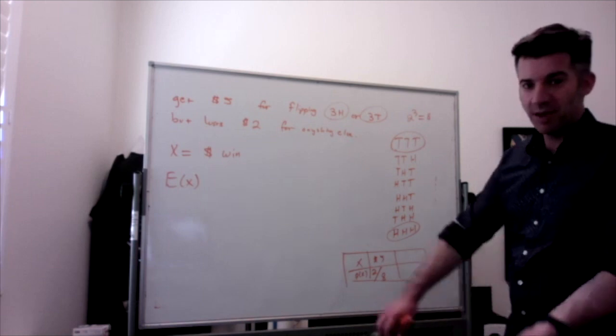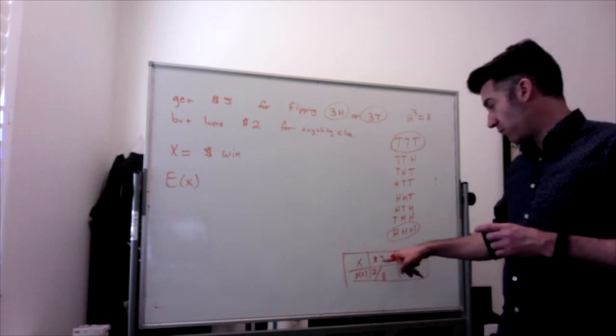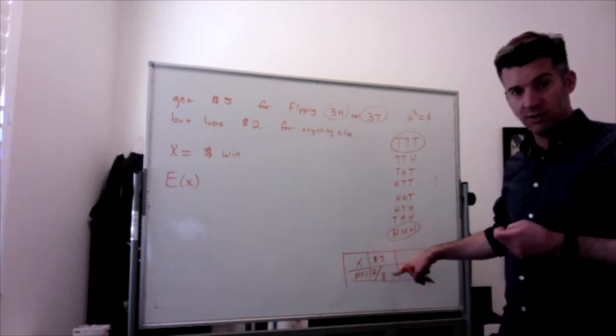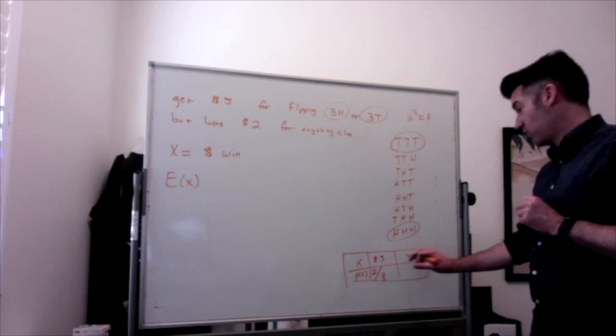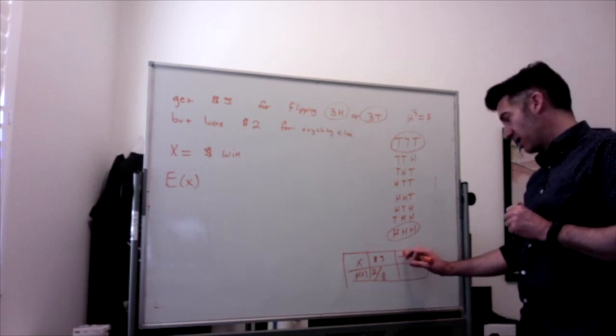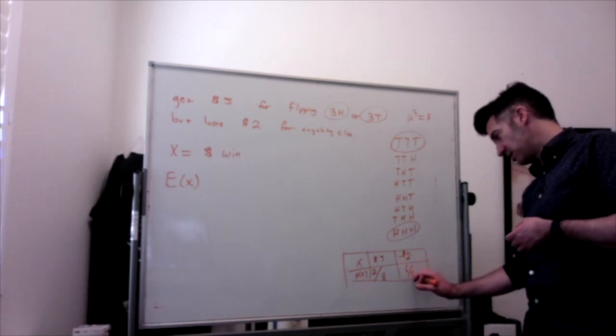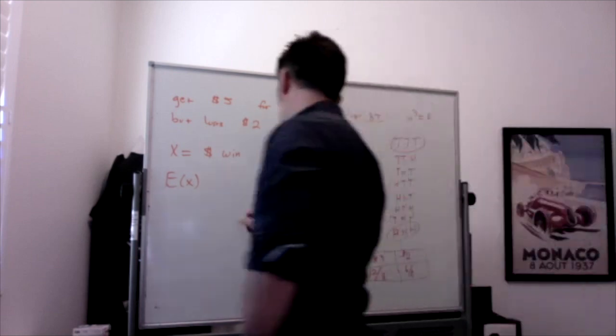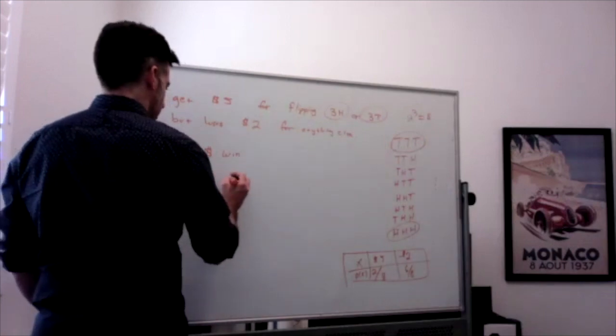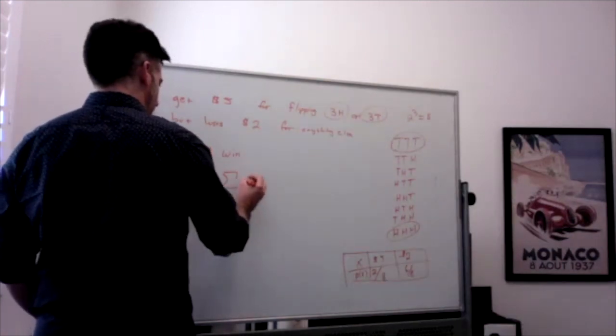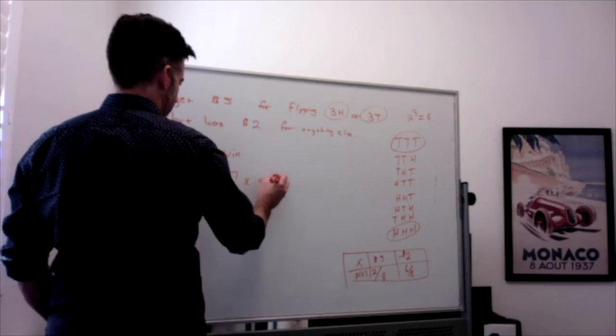Okay, so we expect to gain $5 2/8 of the time. We expect to lose $2, so we get a negative value if we lose the money, the rest of the time, 6/8 of the time. So our expected value is the sum of your x values times the probability that they happen.